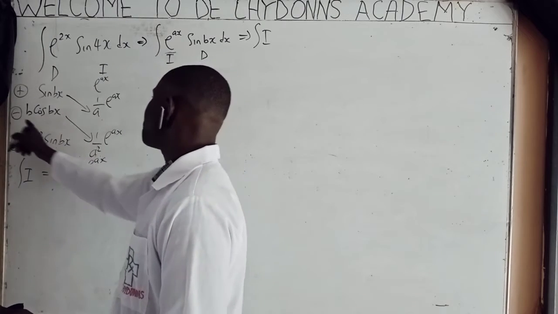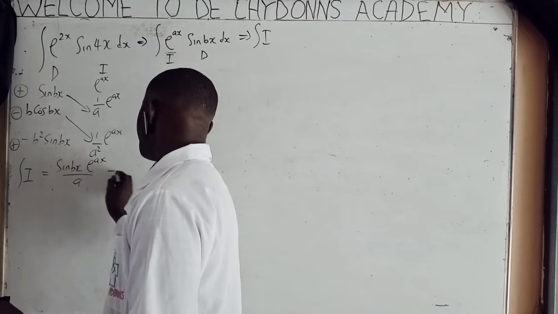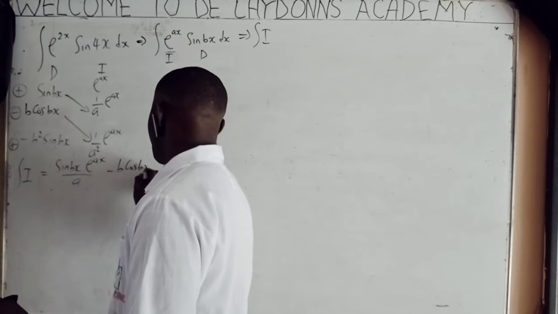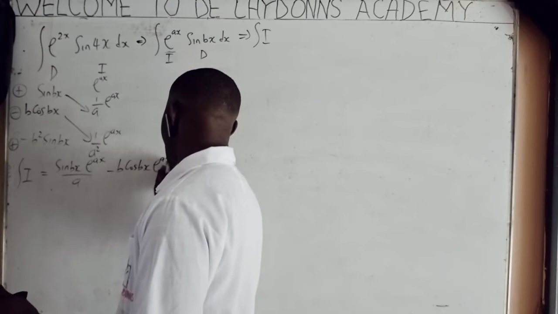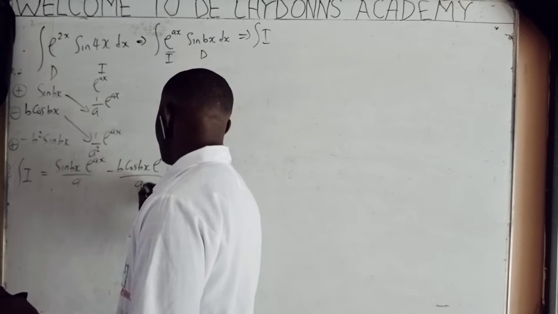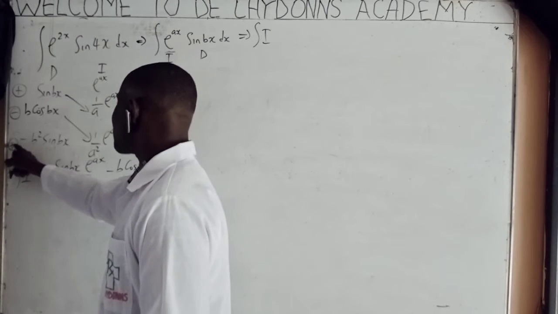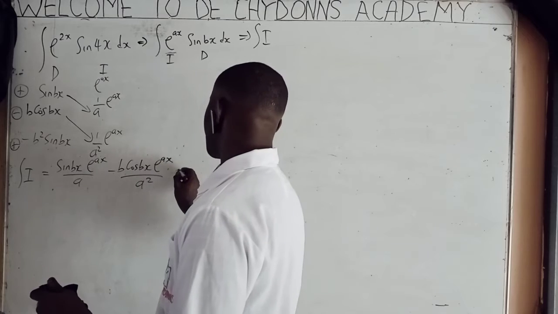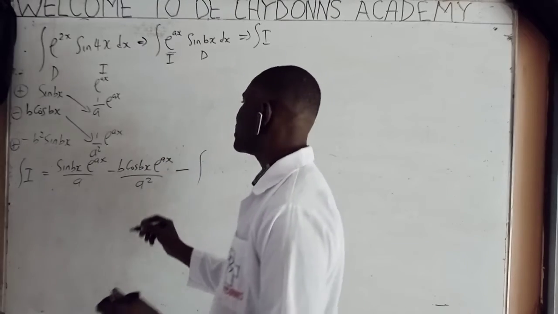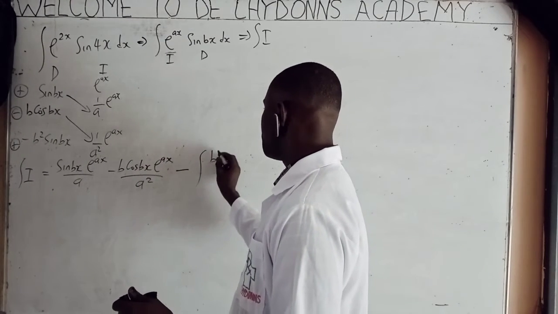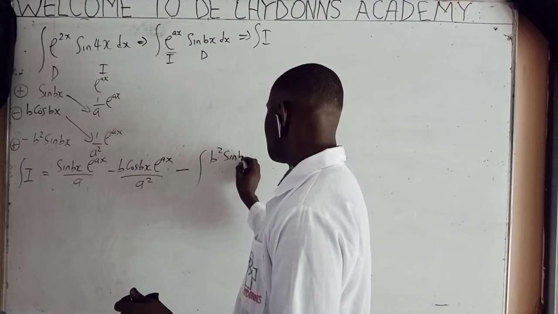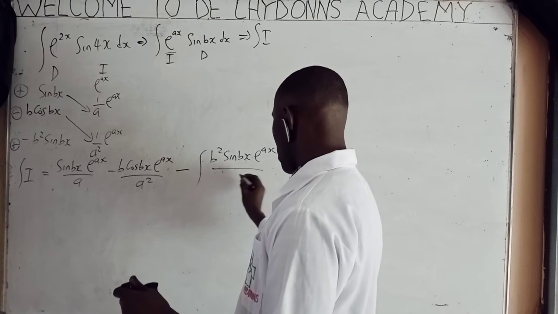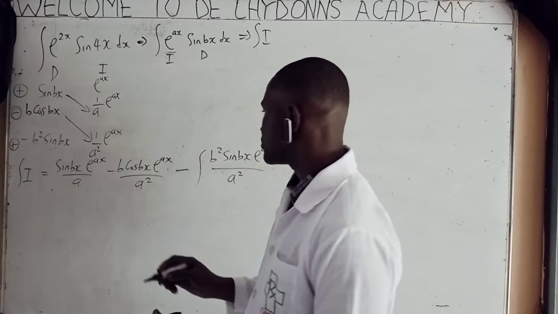This times this, minus is already here, minus b cos bx exponential ax all over a squared. Then plus times minus, minus. This times this will be giving me minus integration b squared sine bx exponential ax all over a squared.